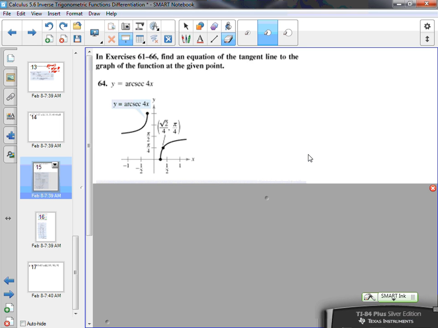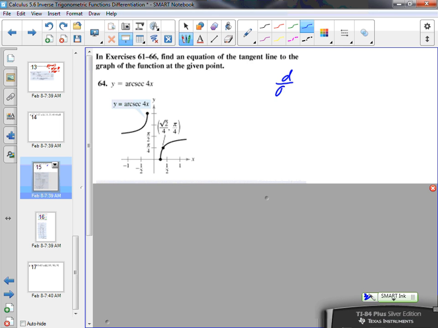So on 64, we have y equals the arc secant of 4x, and the point that we're going to find the tangent line to is the point square root of 2 over 4 for the x coordinate, pi over 4 for the y coordinate. All right, so we need to know the formula for the derivative of the arc secant of u.